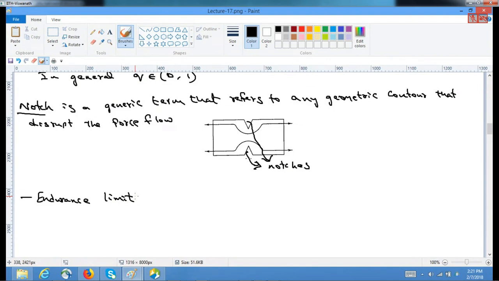But in actuality, the endurance limit is lowered by the presence of notches due to stress concentration.